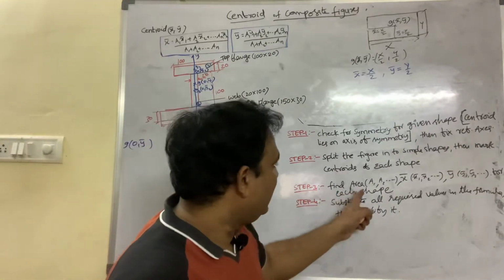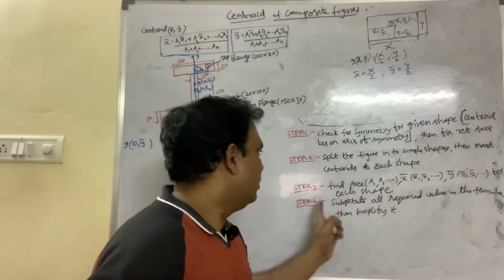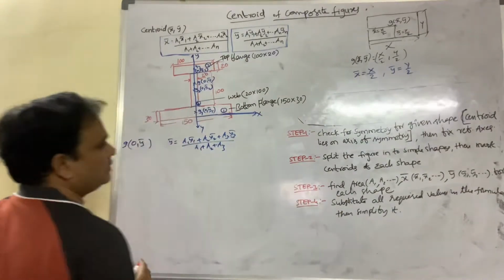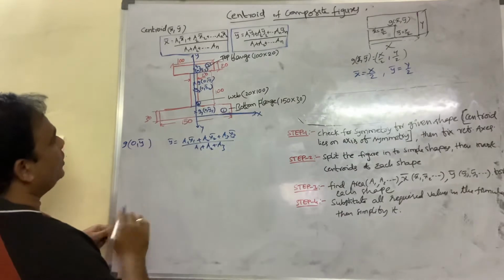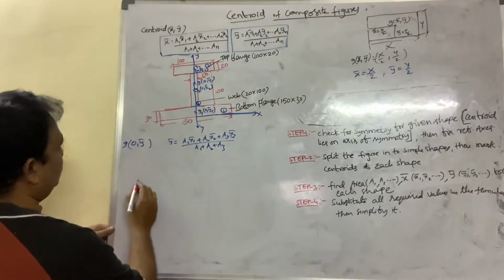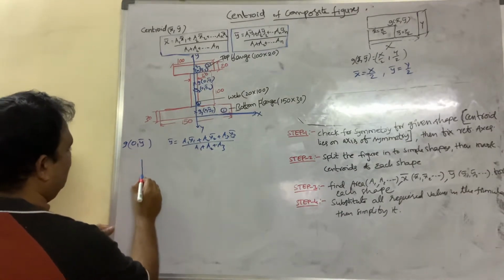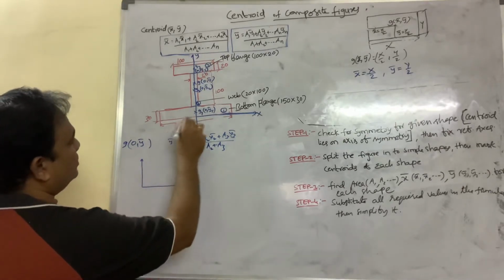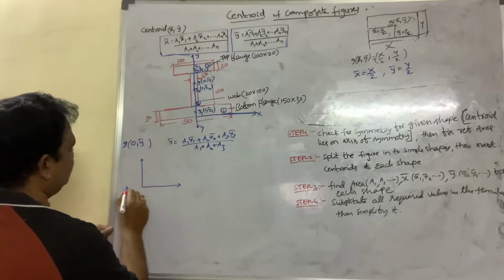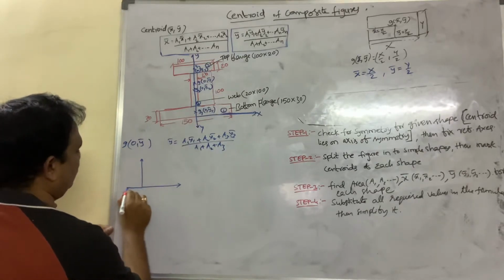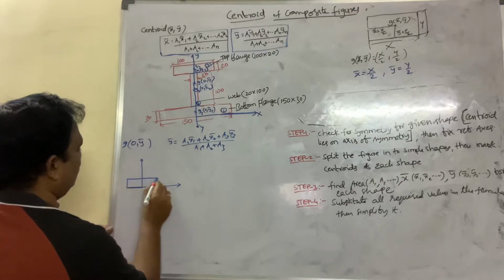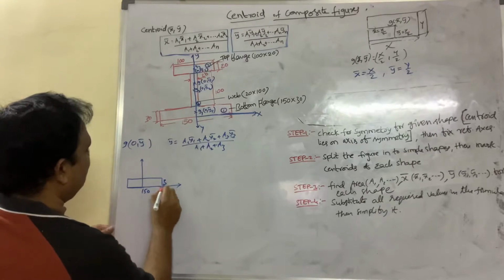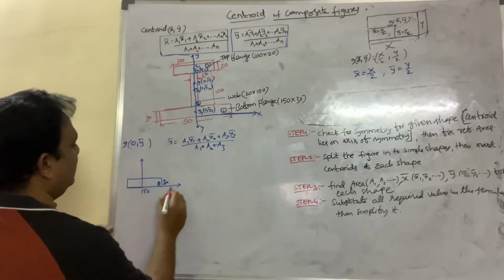And step 3, find the area and x bar, y bar of every figure, each shape. So to find the areas and centroids, let us draw the figures individually and clearly with the reference axes, x-axis and y-axis. What is the location of the first member? This is the location of the first member with the dimensions 150 and 30, and these are the axes.